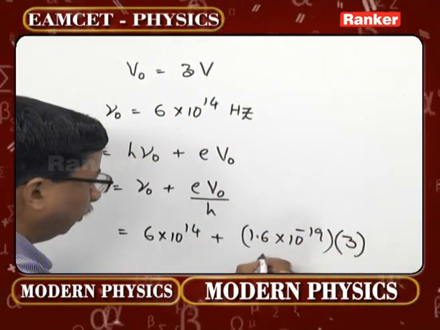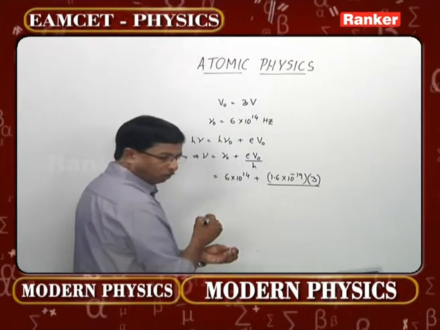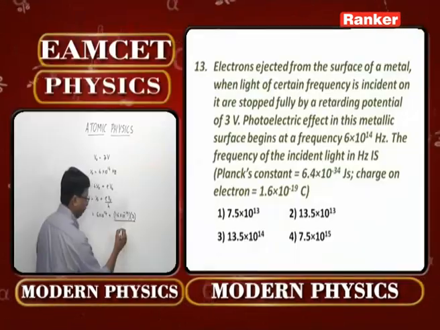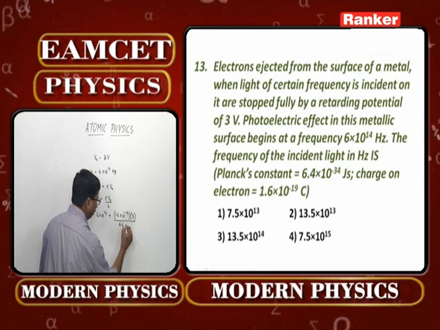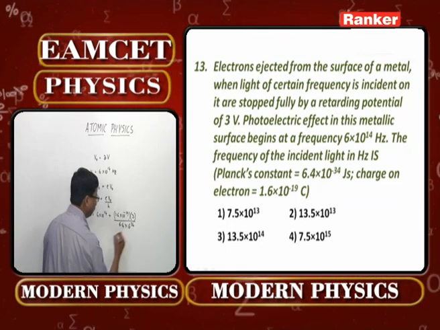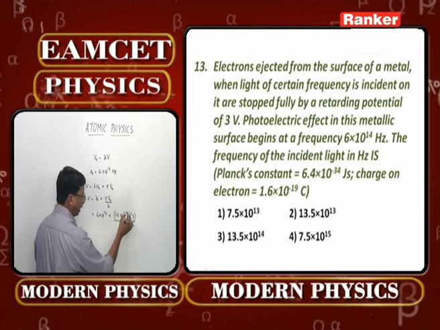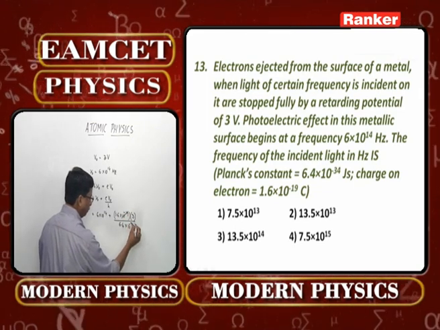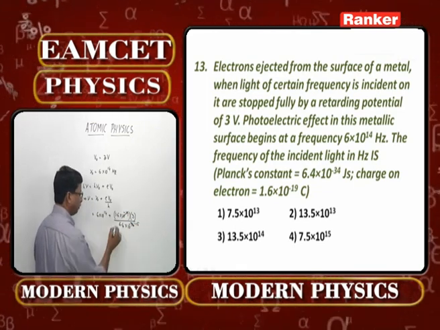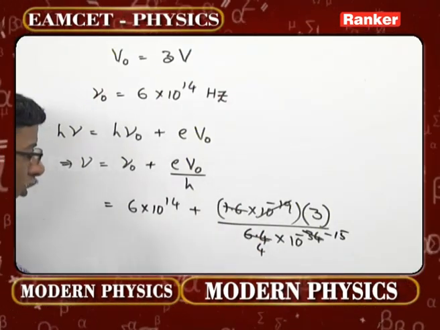It is 3. All divided by what is the value of h given? You see carefully 6.4 into 10 power minus 34. First and foremost cancellation is this cancels here minus 15 times and this cancels here 4 times.